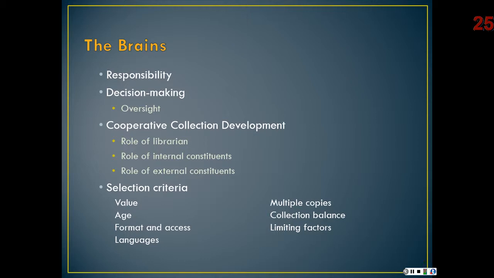Some classes request their students to read certain books, and so then it would be wise to have multiple copies for those sorts of things. But you may not want to have multiple copies of other resources that wouldn't find the same level of use. So I've listed a few of the selection criteria that you would want to include in your policy to help decision making when it comes to choosing materials to select.